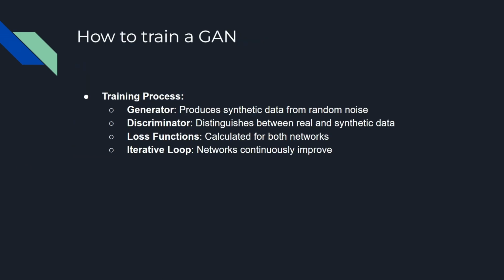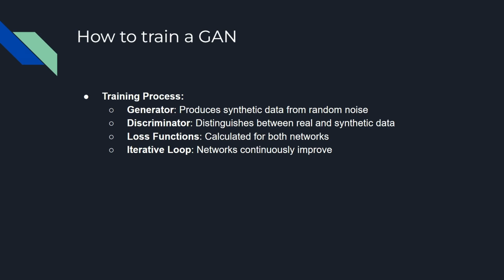Training a GAN is an iterative process where two neural networks, a generator and a discriminator, learn together in a competitive setup. It starts with feeding random noise into the generator, which creates synthetic data. The data is then mixed with real data and fed into the discriminator, which tries to tell the difference between the real data and the synthetic data. Based on its successes, two loss functions are calculated, one for the generator and one for the discriminator.